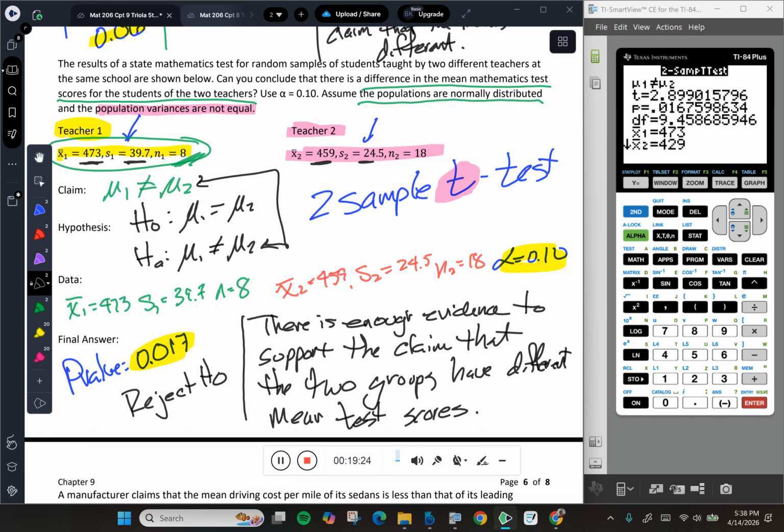Like if you think that teacher 1 is better, maybe the claim should have been that mu1 is greater than mu2. But that's not how this problem is written. And so I work the problems as they're written because that's essentially what I'm told to do.